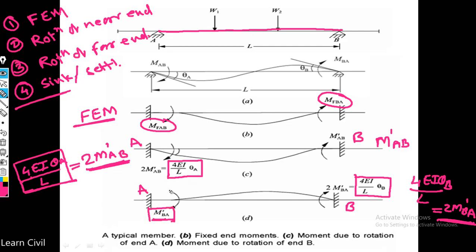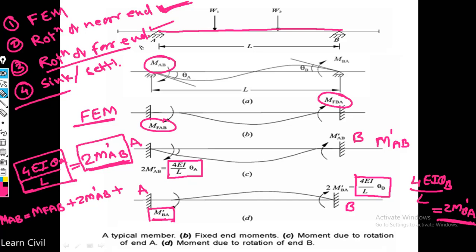Therefore, the final end moment MAB will be equal to the sum of the fixed end moment MFAB, plus the bending moment developed due to rotation of near end, 2m' AB, plus the bending moment developed due to rotation of far end, m' BA.